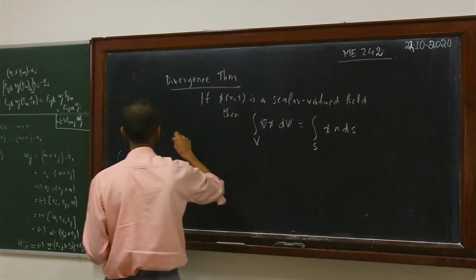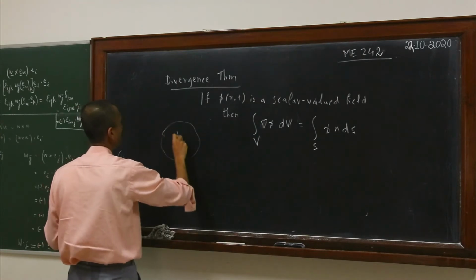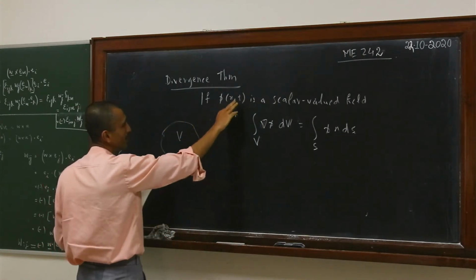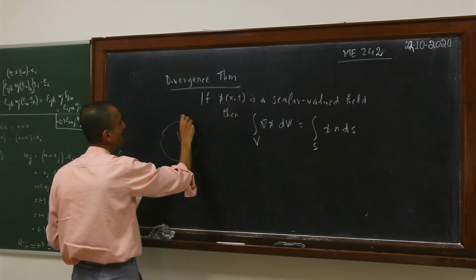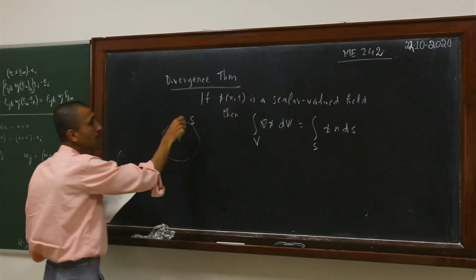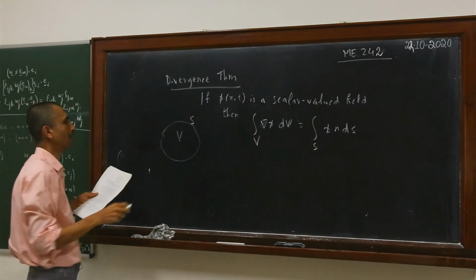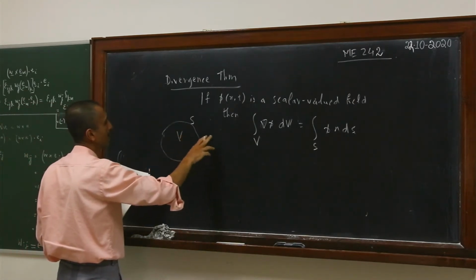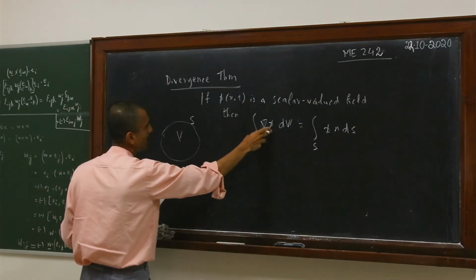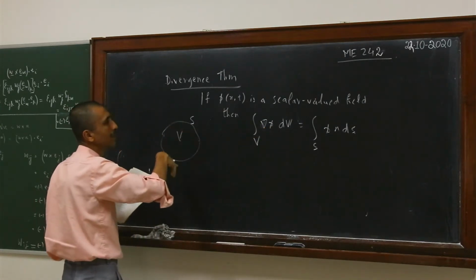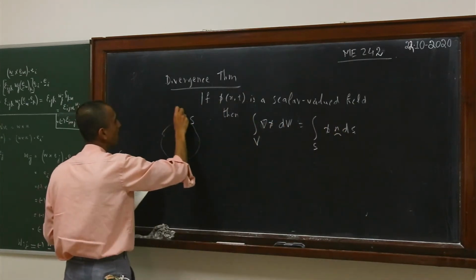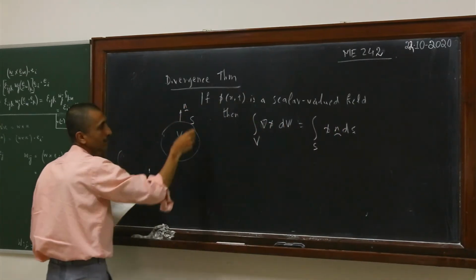Suppose p is the volume, the domain over which this phi of x, t is defined, and s is the closed surface of this domain p, then the integral of del phi over p is equal to the integral of phi times n over s. This n is the unit normal to s.